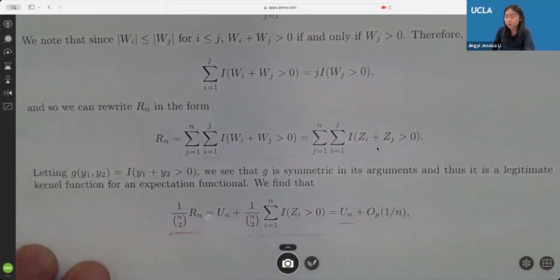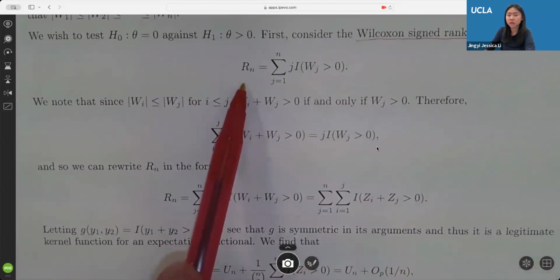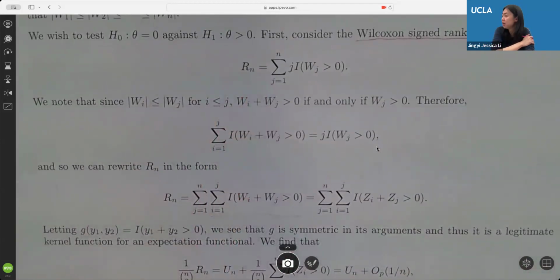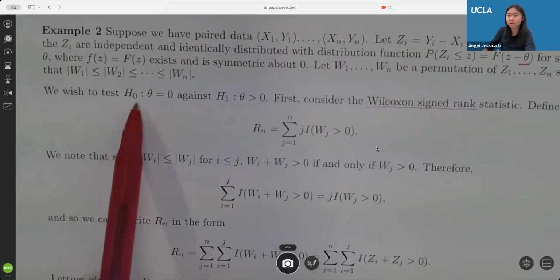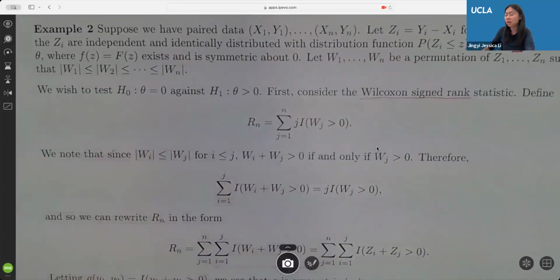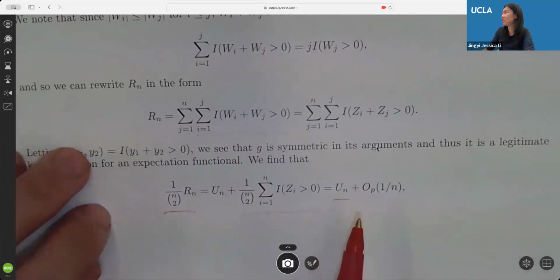And the reason I want to introduce this example is that you can see for such a Wilcoxon signed rank statistic, if you want to derive its asymptotic distribution under the null hypothesis that theta is 0, you just need to know the asymptotic theory for Un. That's it, because it's dominated by Un.